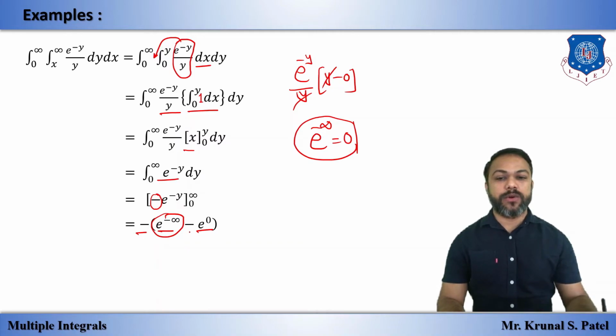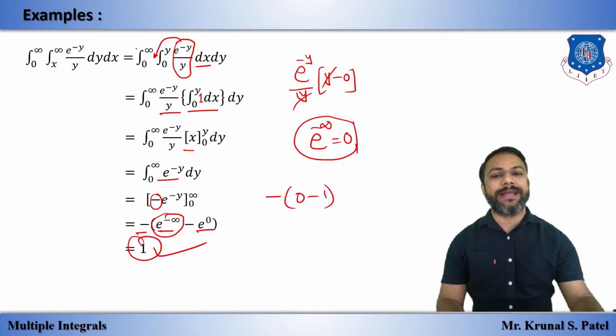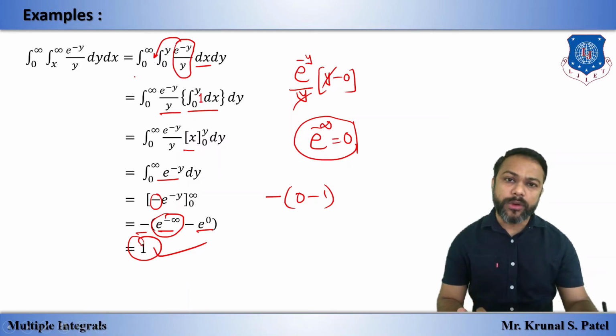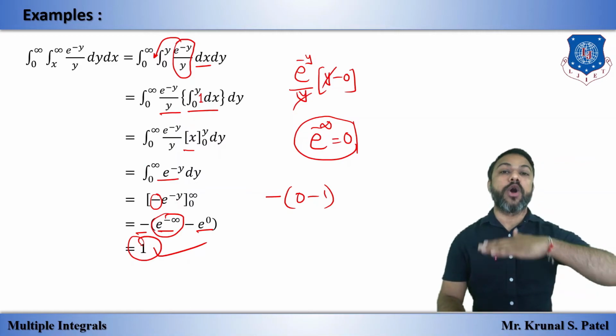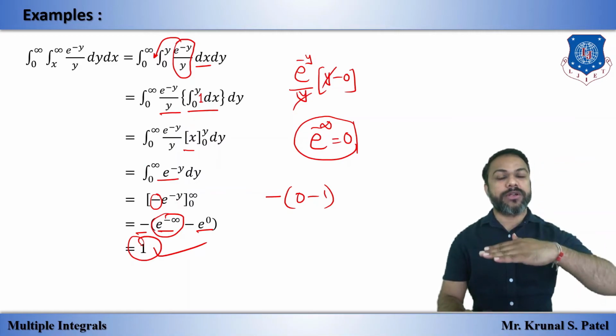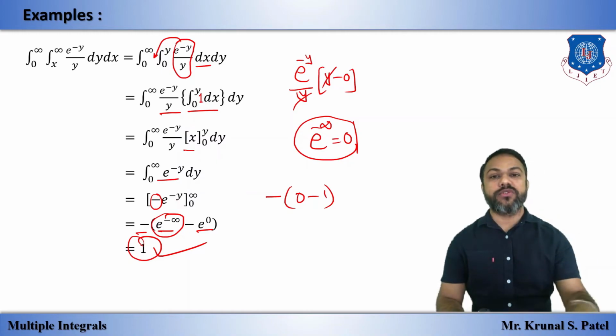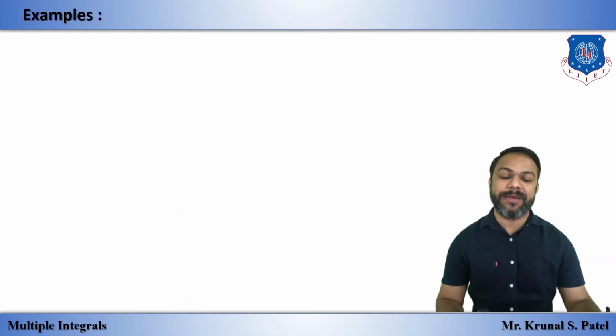So minus into 0 minus 1, minus minus is plus, so the final answer is 1. Simple integration as per our previous lectures. We just have to understand how to change the strip from vertical to horizontal, or if horizontal is given, then to vertical. So we have one more example to understand better.